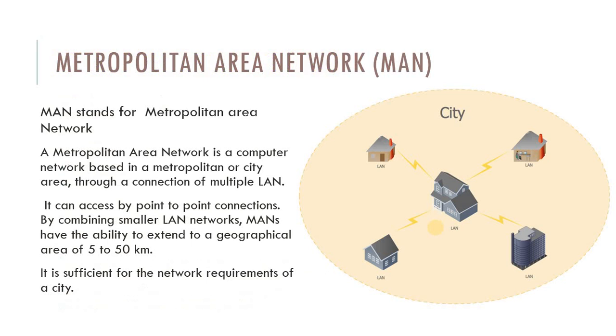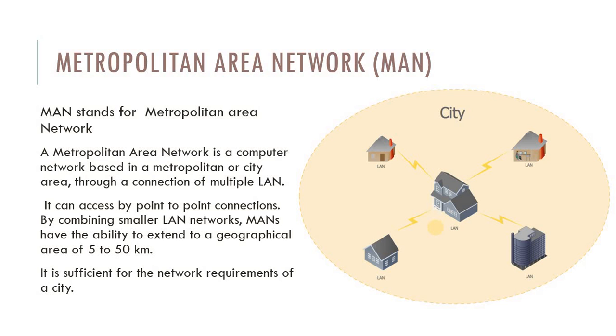The next network is the metropolitan area network. It is also a LAN, but the geographical area is larger than that of a LAN. We can say that it is a combination of multiple LANs. MAN stands for Metropolitan Area Network.